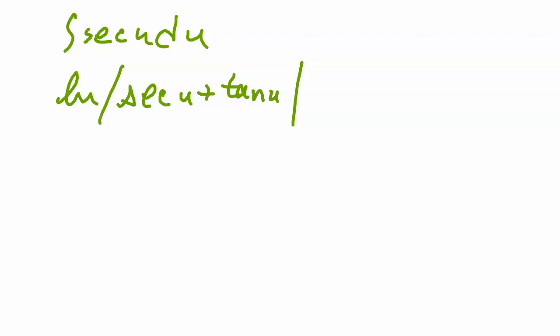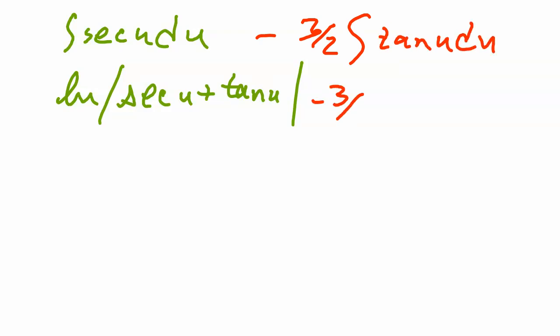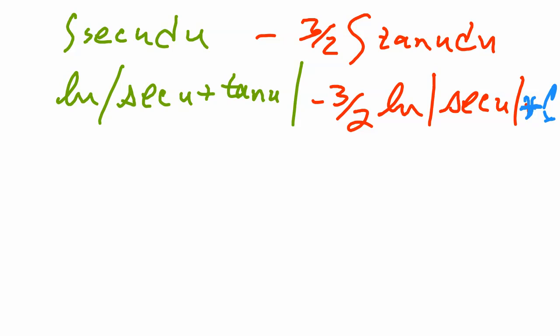Then we had minus 3/2 integral of tangent u du. And so this is going to be minus 3/2 times what? The natural log of the absolute value of secant u, right? By our theorem that I gave you earlier. And then, of course, plus c, because it's a family of antiderivatives.